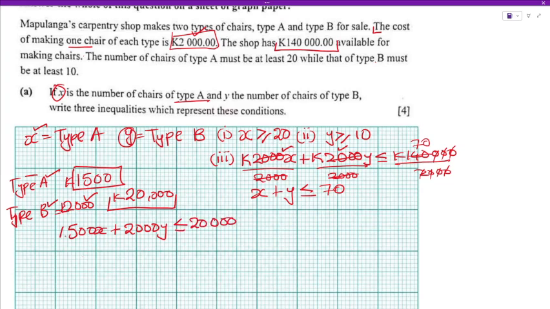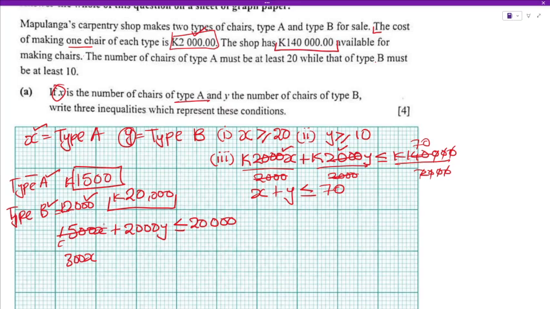Here you notice 15,000, we can simplify with 5,000. What is 15,000 divided by 5,000? That's 3.